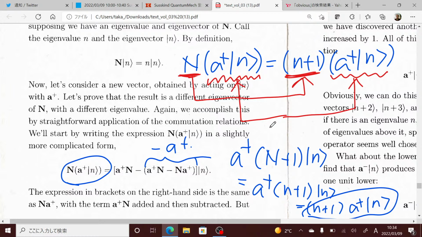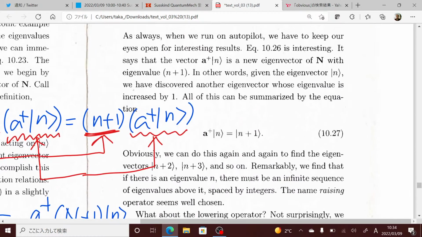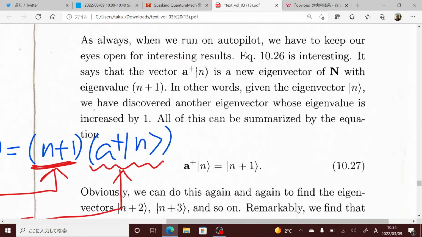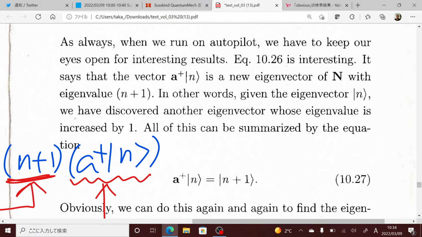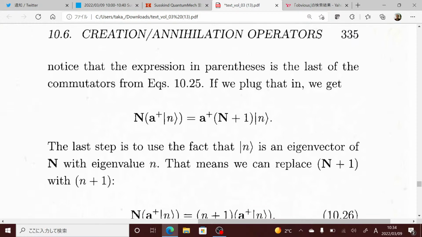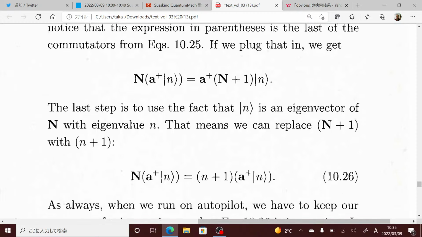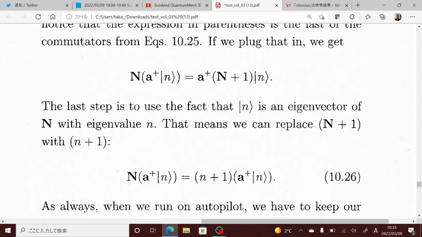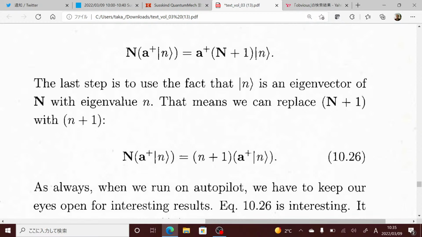You plug that in, we get this equation. The last step is to use the fact that ket of small n is an eigenvector of the number operator n with eigenvalue small n.